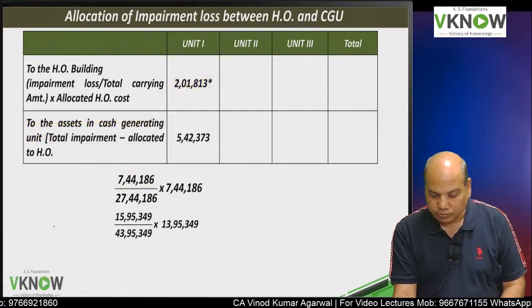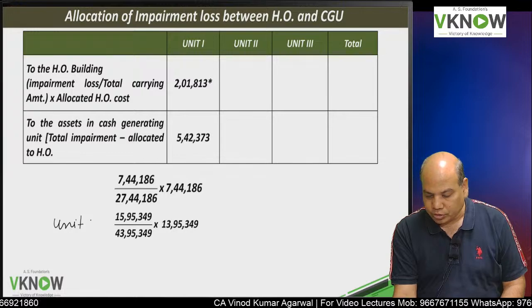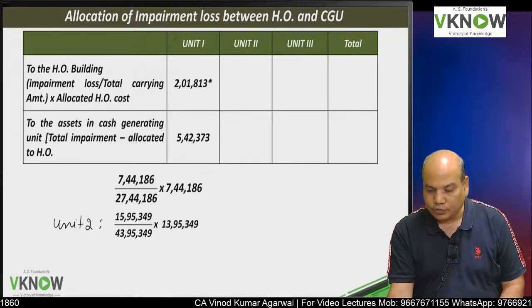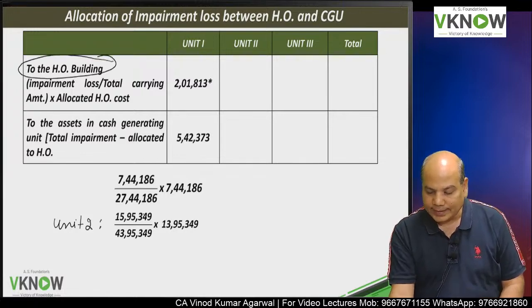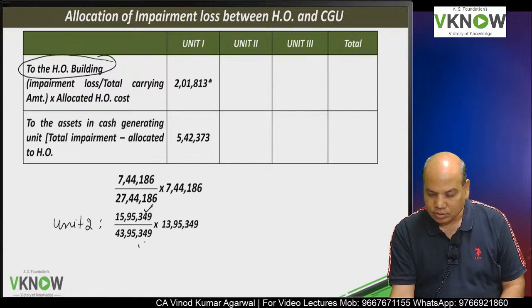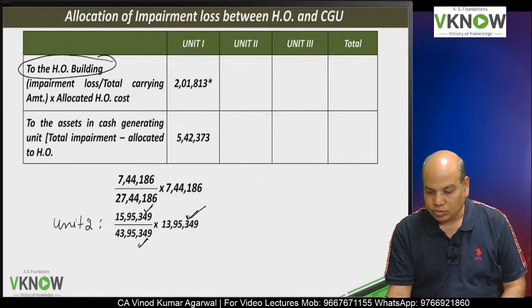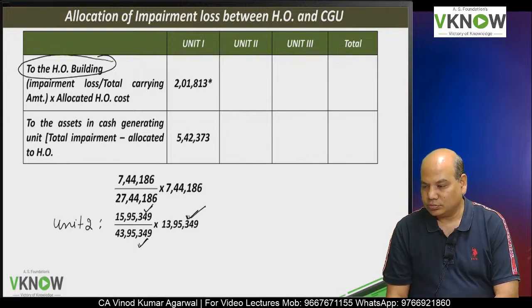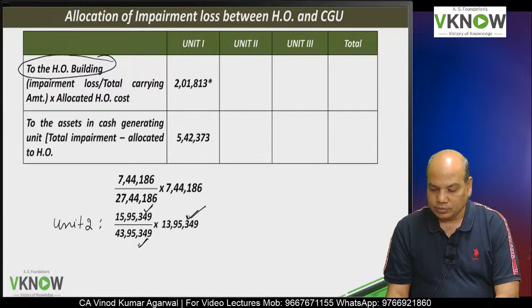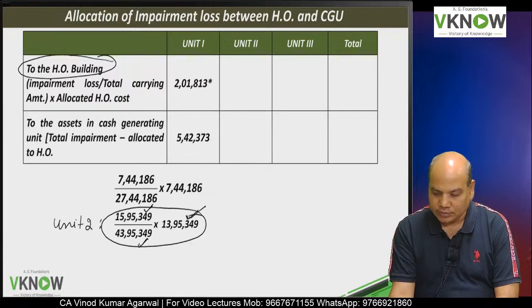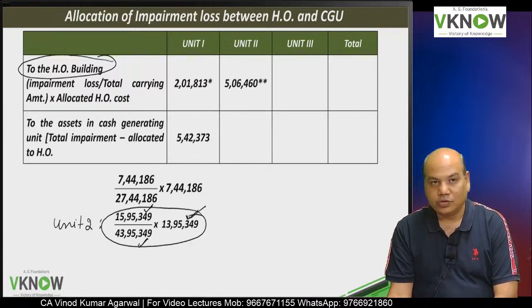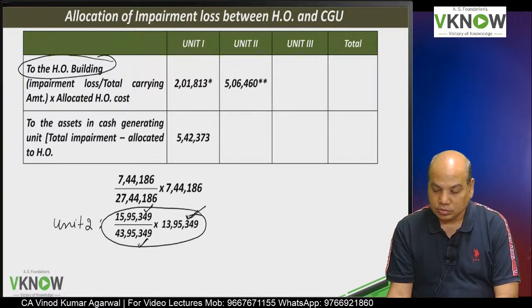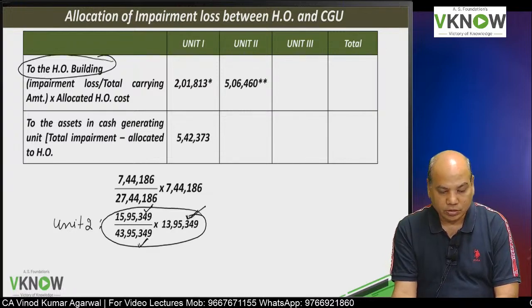Now right below, this is the Unit 2 calculation for the HO building. Impairment loss divided by total carrying amount into allocated HO cost. Please solve this part. You will get 5,06,460.